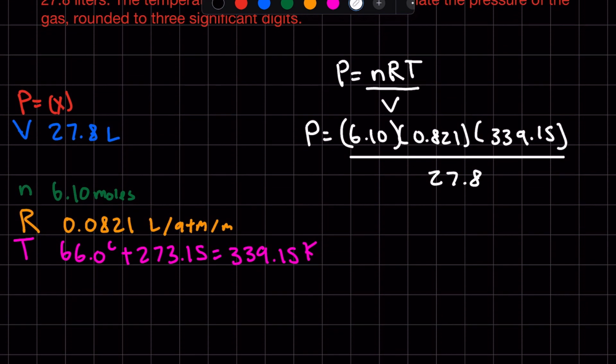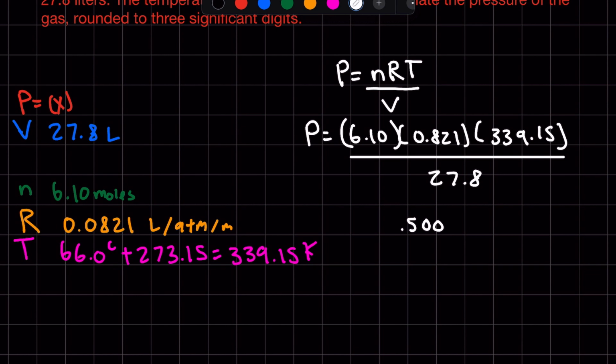So first we're going to multiply 6.10 times 0.0821, and that's going to give us 0.50081.